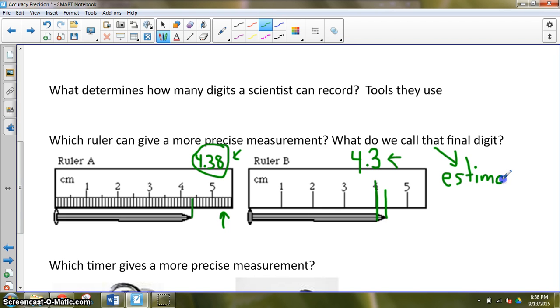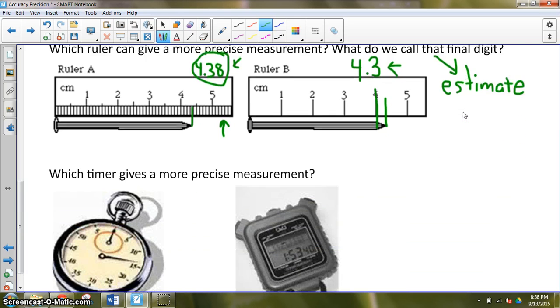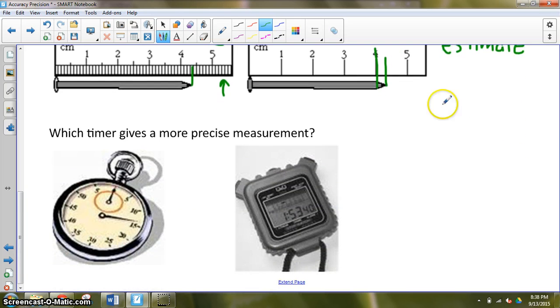Whenever you take a measurement, you need to give every possible digit you can with respect to the tool that you're using. Always estimate one digit more than what the hash marks or the graduations on your tool allow you to use. If we look at these here, the hash marks on this old school stopwatch are for every 1 second, whereas this digital readout gives us to the hundredths of a second.